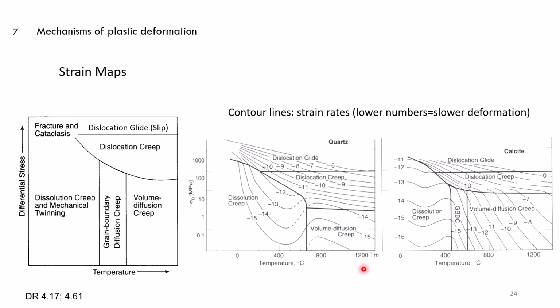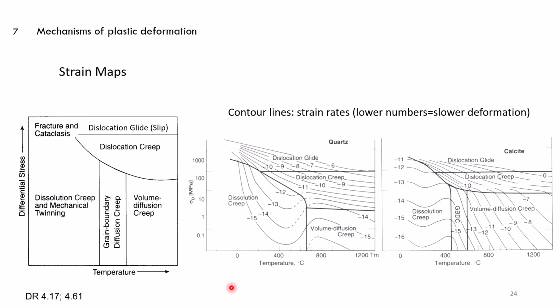On the right-hand side here we see two strain maps specifically drawn for quartz and calcite. They look very similar to the schematic one that we see here, that in principle applies to all mineral phases. We see here fields for dissolution creep. There are temperatures given. They refer to the results of certain experiments.